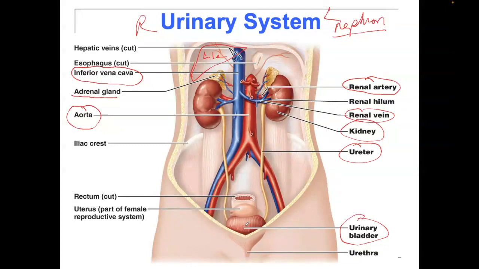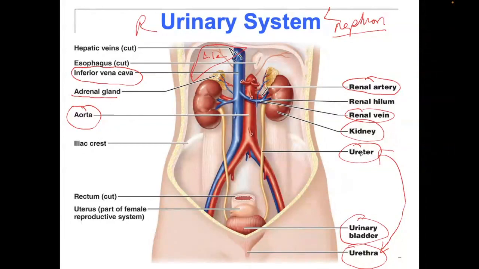So from the kidney to the urinary bladder, there is a connection called the ureter. Now, I don't want you to confuse ureter with urethra. They're not the same thing, they're not interchangeable. So let's understand the difference.